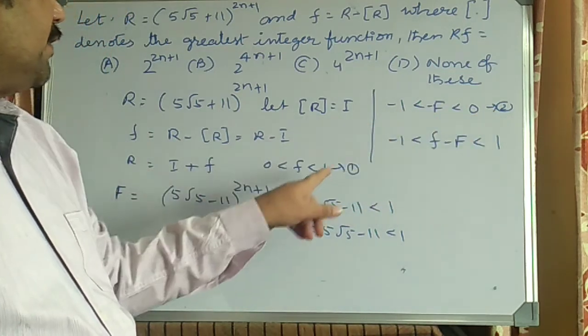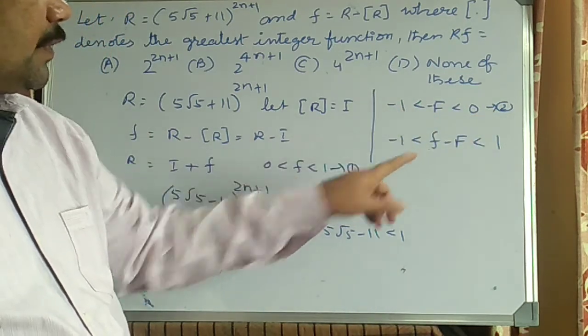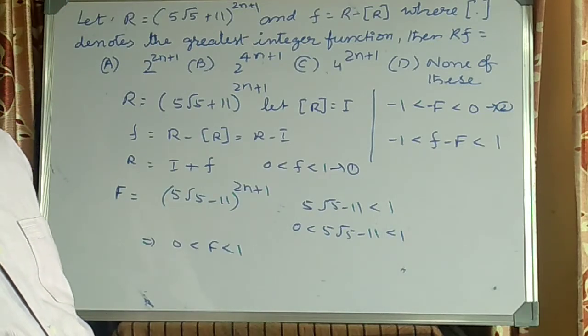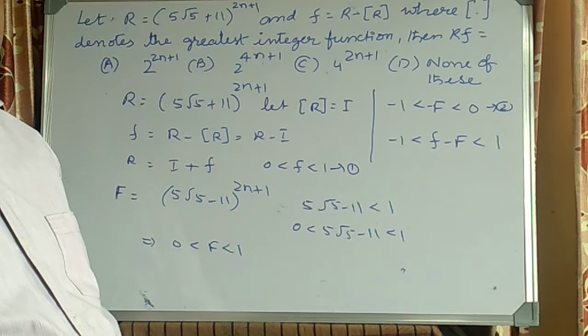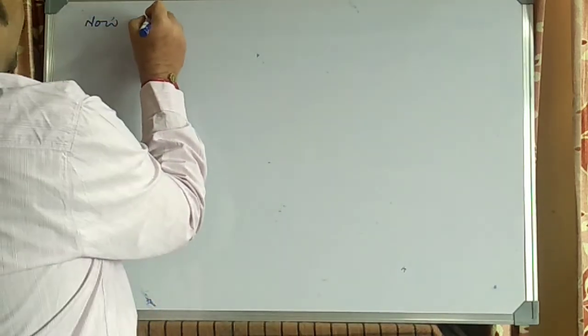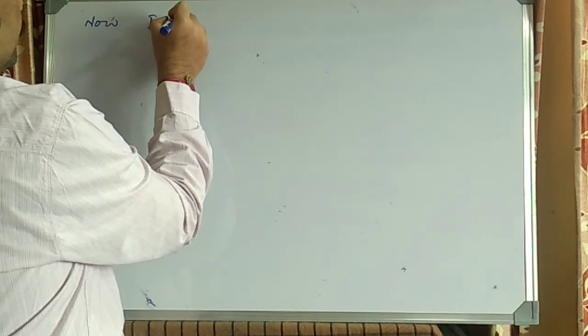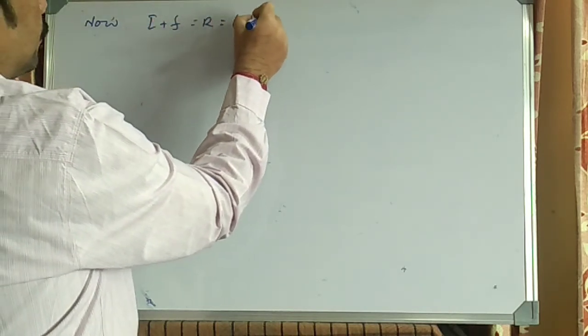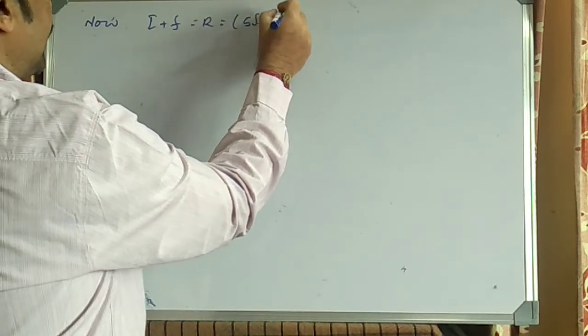So adding equation 1 and equation 2, we get minus 1 less than small f minus capital F less than 1.